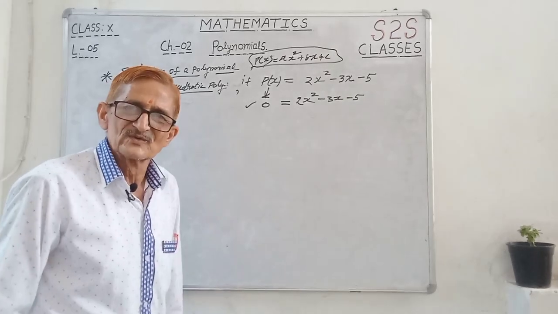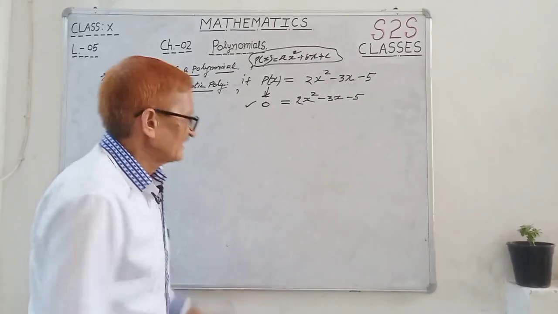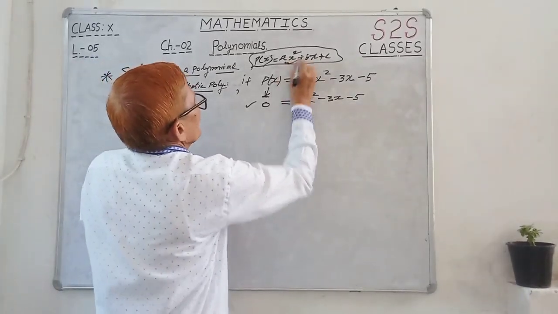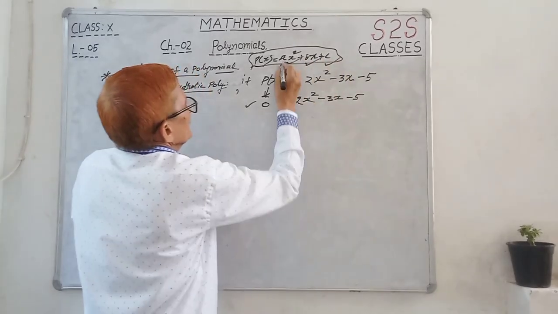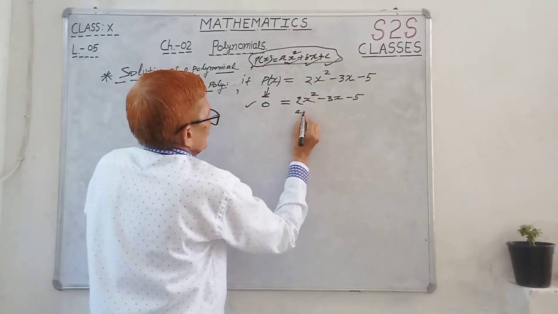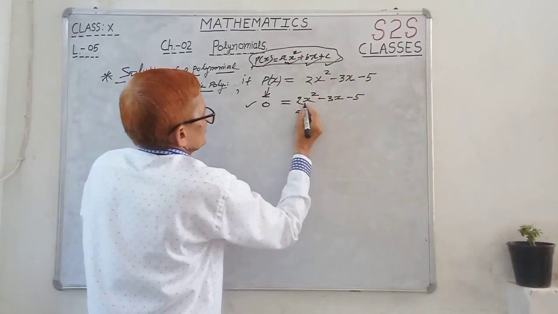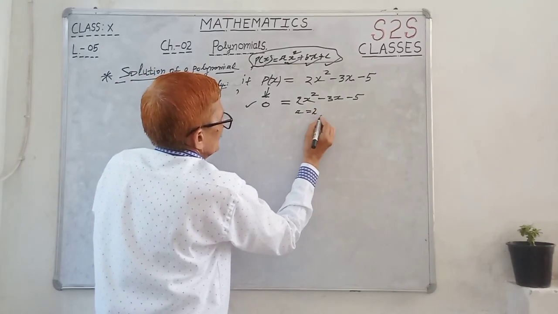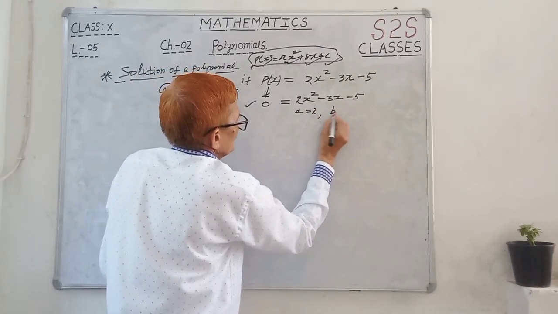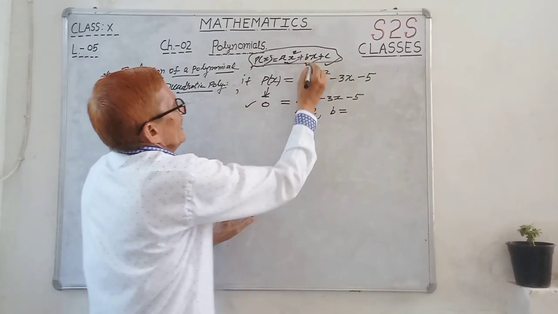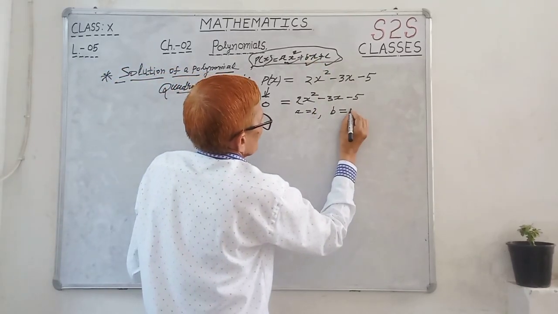Now what is the rule to solve this? Quadratic formula. Compare with ax square plus bx plus c. Take a value: a is the coefficient of x square, here 2. Take b value: b is the coefficient of x, that is minus 3.